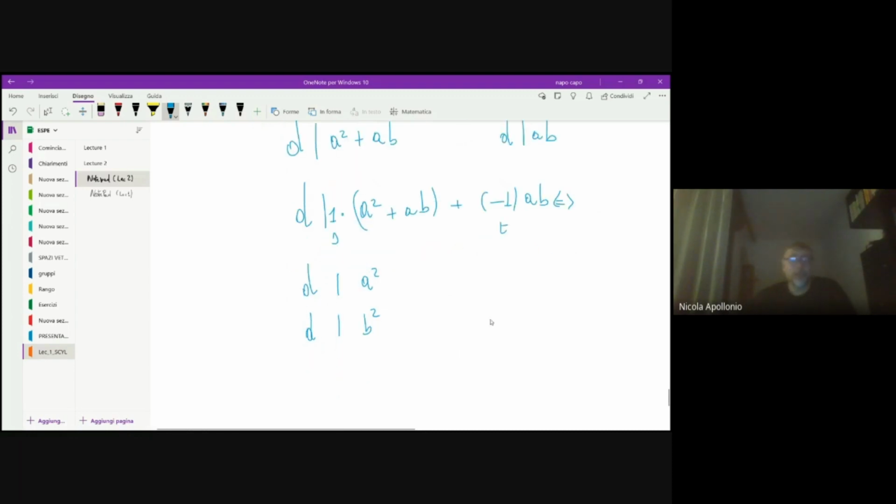When you get this conclusion, you are done, because this is exactly what we want to prove. D divides any common divisor, in particular the greatest common divisor of A squared and B squared.